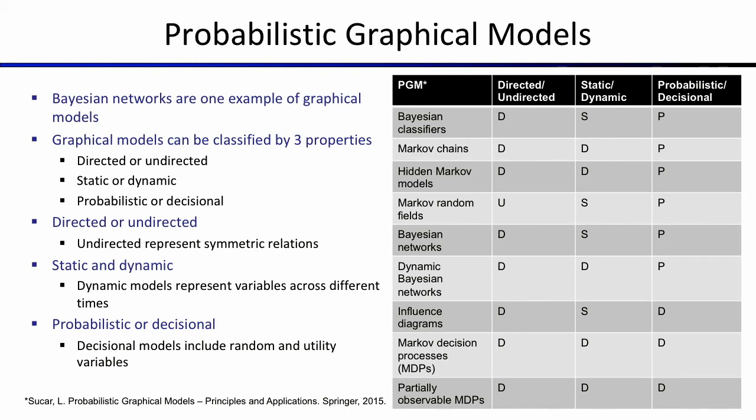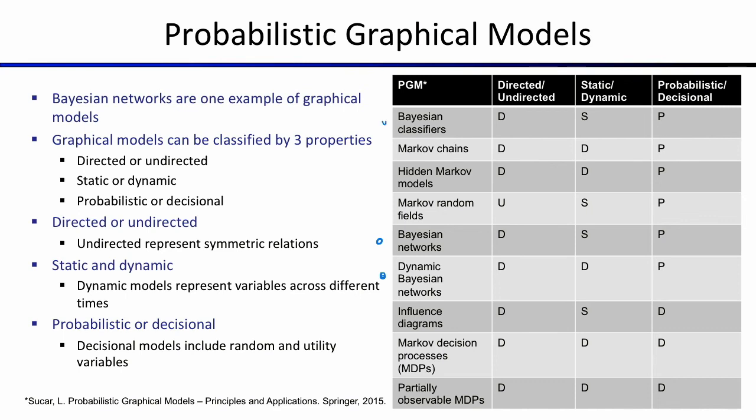So we have here the Bayesian networks. So it's directed, it is static, and it's a probabilistic graphical model. We have a variation of the dynamic of the Bayesian networks. They are the dynamic Bayesian networks. These are Bayesian networks that we can add nodes as time passes, and so it will change in terms of structure.